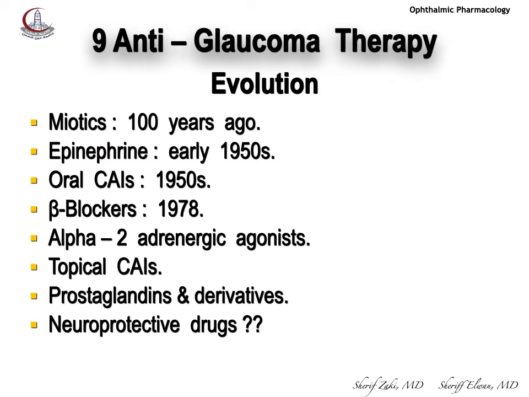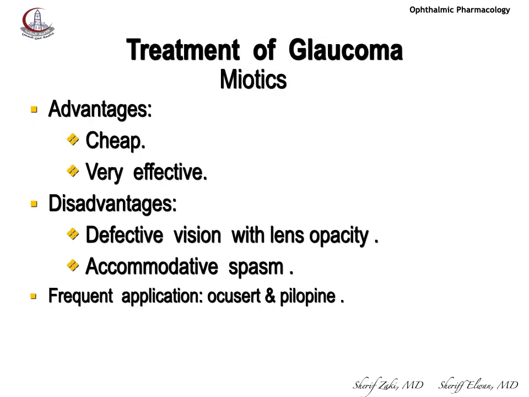Beta blockers were a breakthrough in 1978, followed by the use of alpha 2 agonists. Then the topical carbonic anhydrase inhibitors came later, followed by the use of prostaglandins and their analogues and derivatives, and finally the neuroprotective drugs, which have a role that is still under investigation.